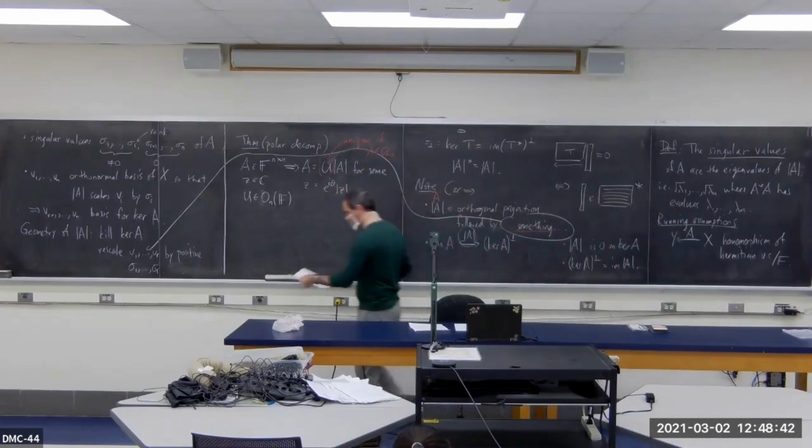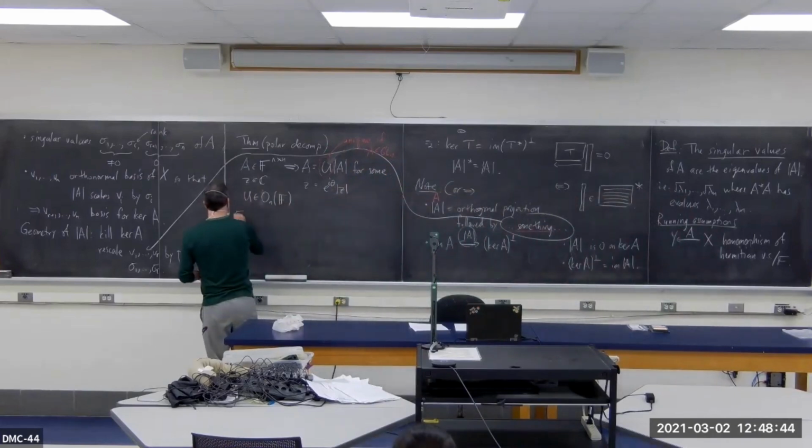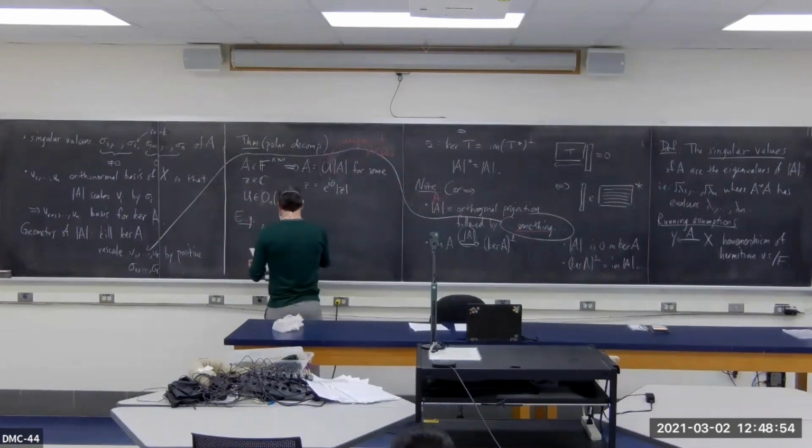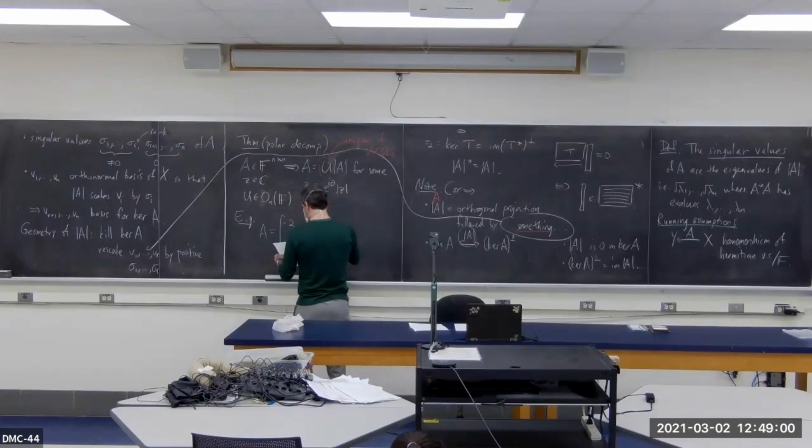Yeah? Let's do a big example. Our example is going to be a real matrix because I want you to actually be able to see it. Here we go. Minus 2, 1, and then bear with me on this. It's going to be 1/5 times 4 minus root 6, and 1/5 times minus 2 minus 2 root 6.